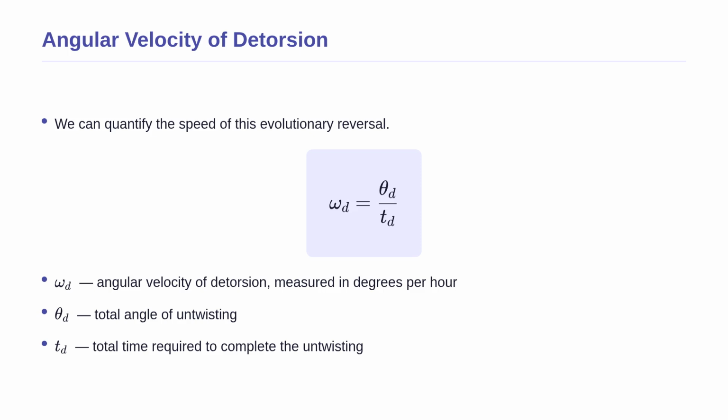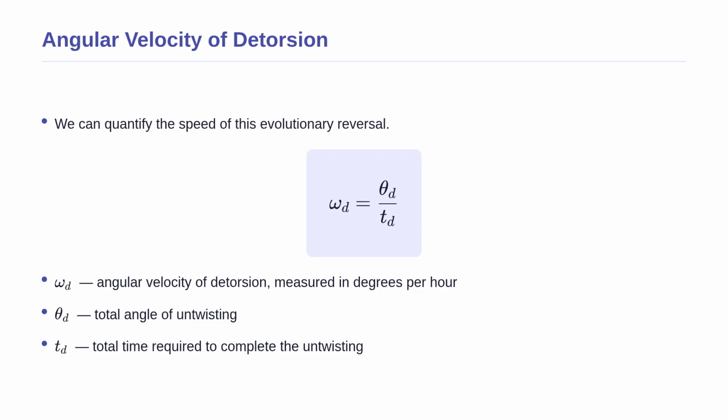Just as we modeled the initial twisting, we can also measure the speed of this evolutionary untwisting process. We use the standard kinematic formula rearranged to solve for velocity. Omega sub d equals theta sub d divided by t sub d. In this equation, omega sub d represents the angular velocity of detorsion.